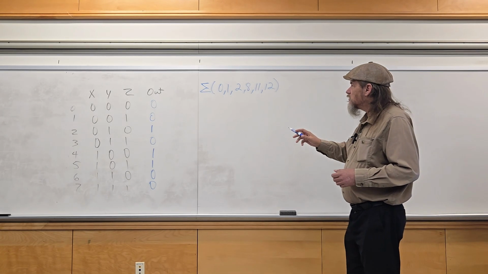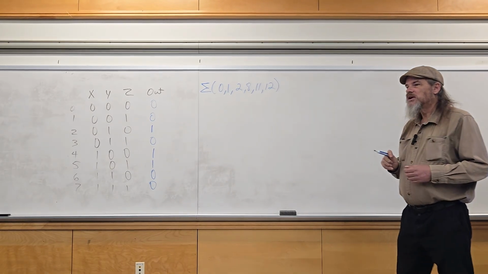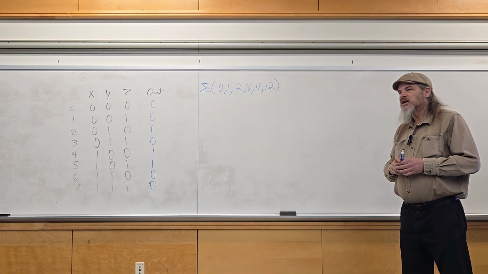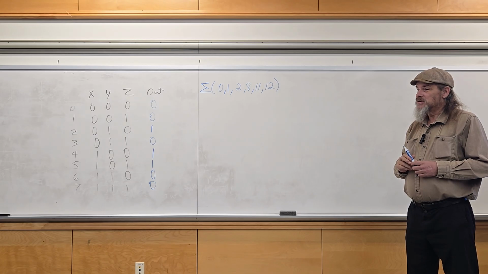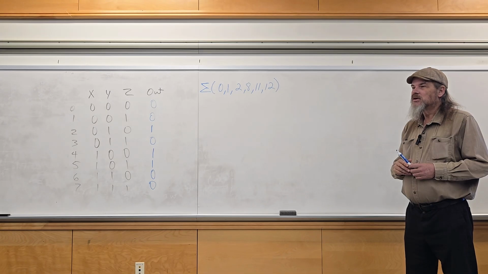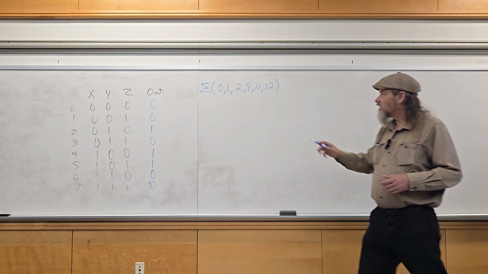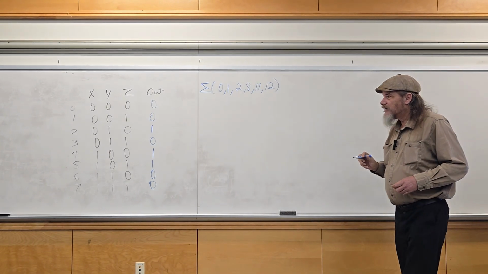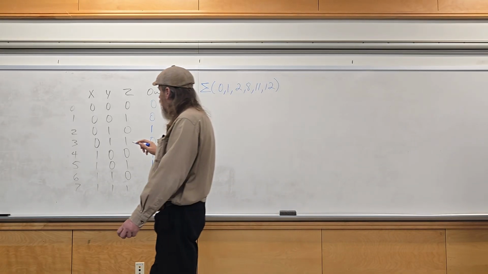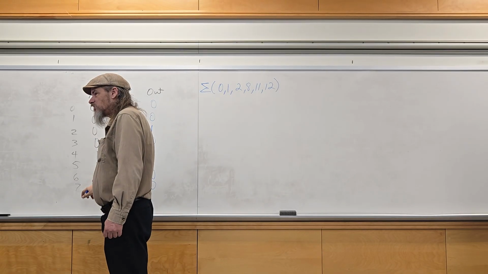But it has terms greater than 7, so you need 4 variables. Which, if 4 variables, has how many combinations? 16. Okay, it's less than or equal to 15, but when you have n variables, you have 2 to the n combinations.